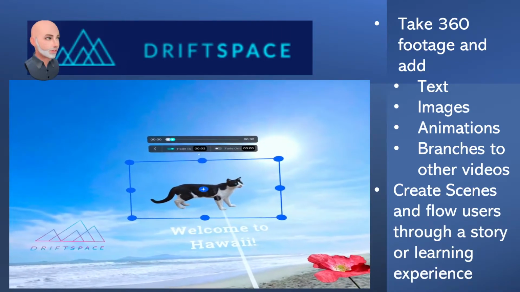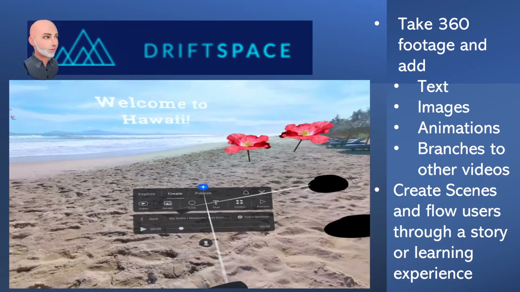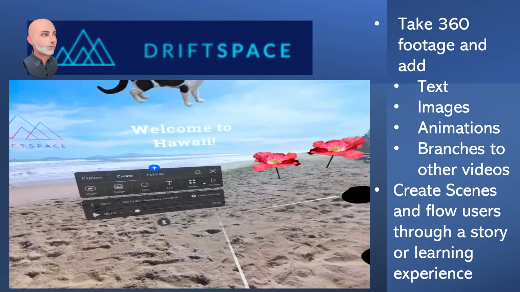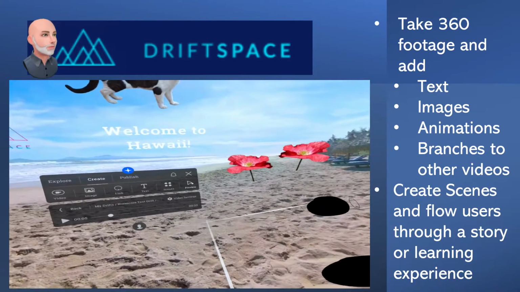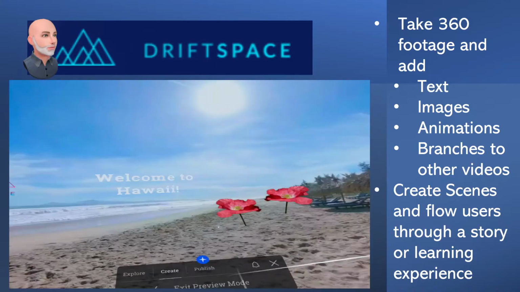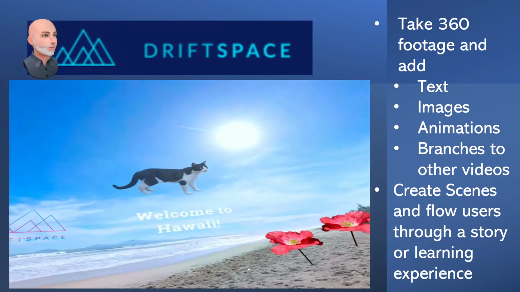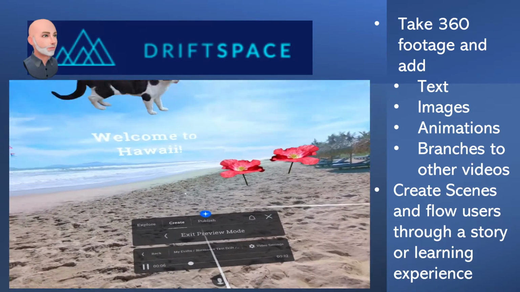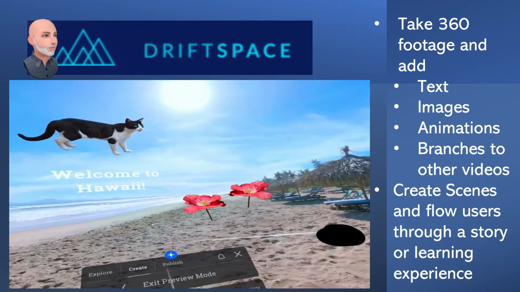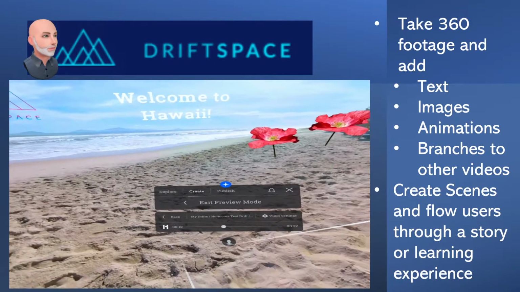Okay. So now if we go into preview mode, if you click on a blank space and go back to the main editor menu, the last option on the right is preview. So go ahead and click that. Oh, and there comes the cat. It's going to fade in after 2 seconds.